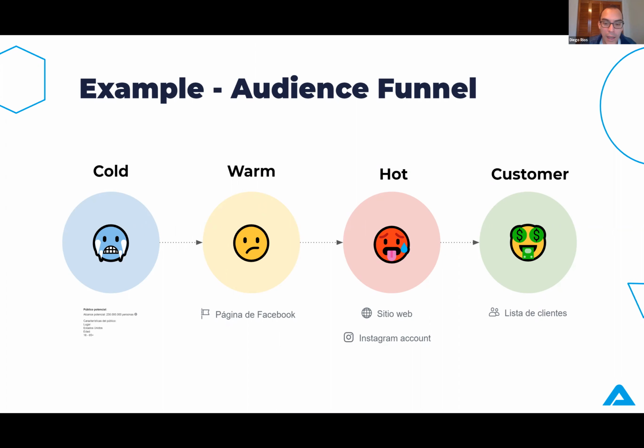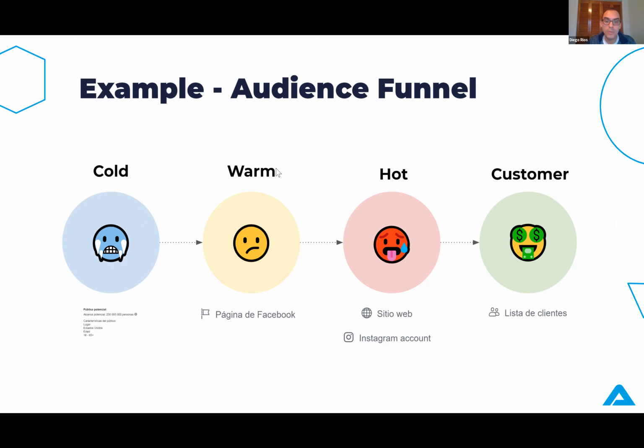And so when people ask, what's the difference between a saved audience and a custom audience, I would say, in general, saved audiences are used for acquiring new users. Custom audiences are used for remarketing campaigns.